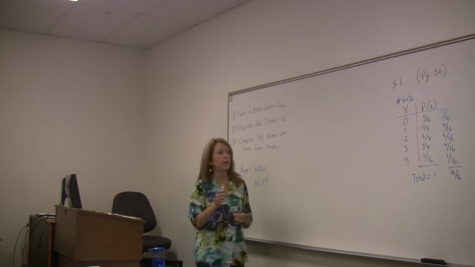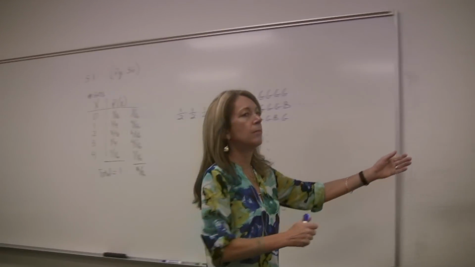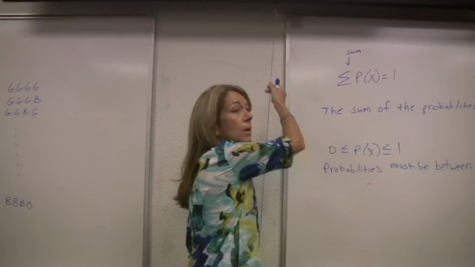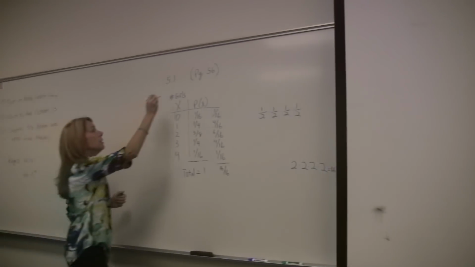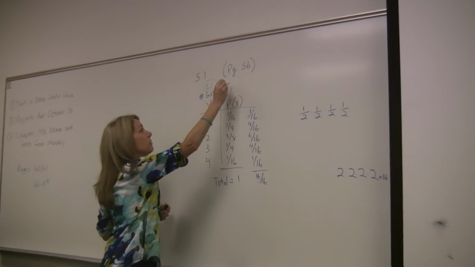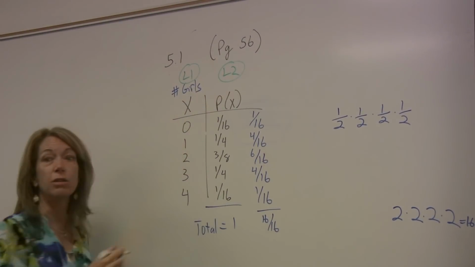Good. Let's jog our memories here. What are we adding? The table that we have here that was given to us, these numbers go into list 1, and the second ones go into list 2. So the x's go into list 1 and the probabilities go into list 2.